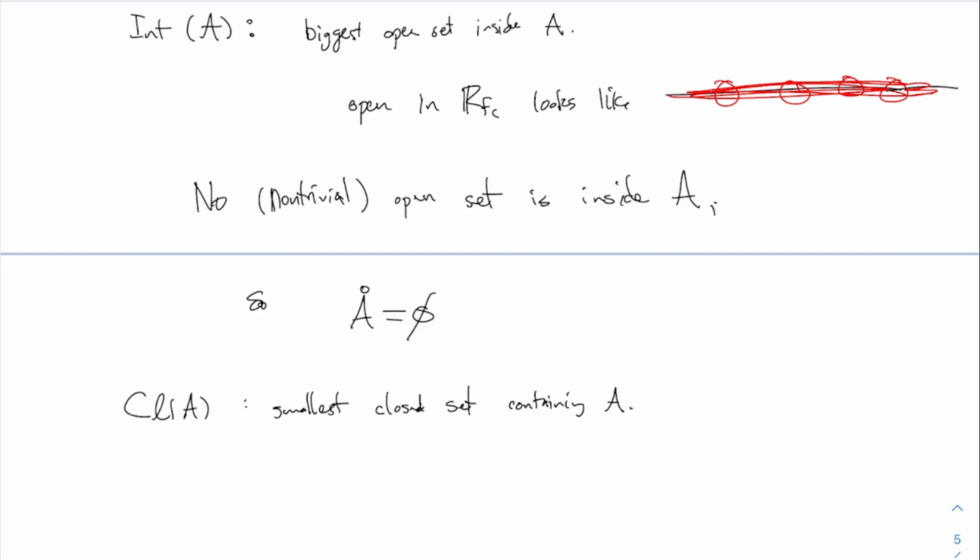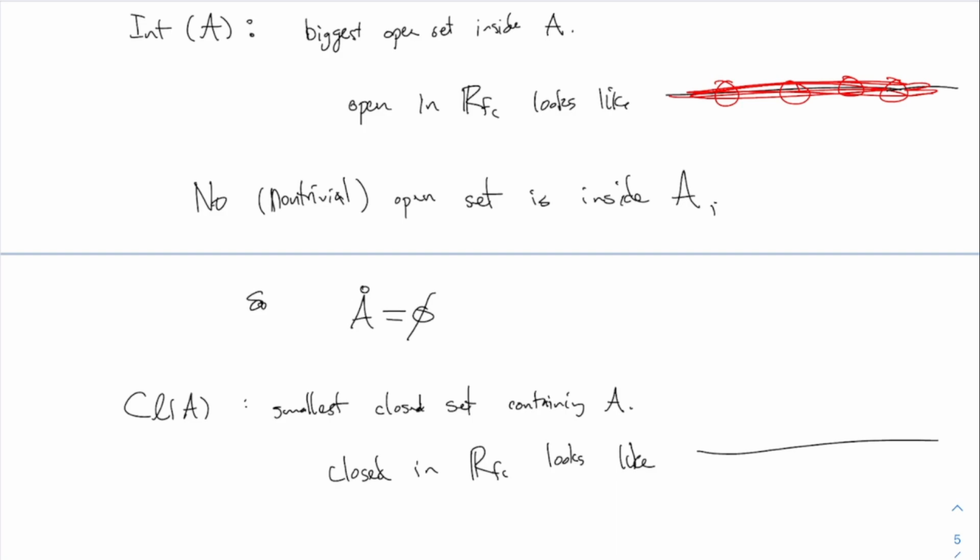An open set looks like this, right? It includes everything except for finitely many things. A closed set, closed in RFC, well, it would look like the complement of a set like this, right? This is what an open set looks like. It's all real numbers except for a few points. The complement of that would be a closed set.